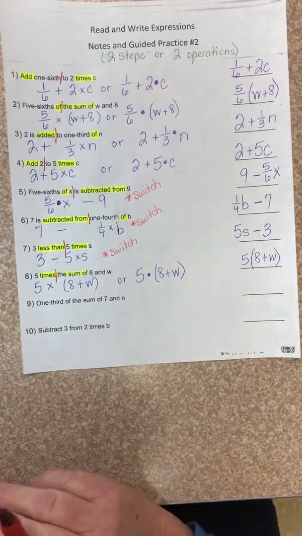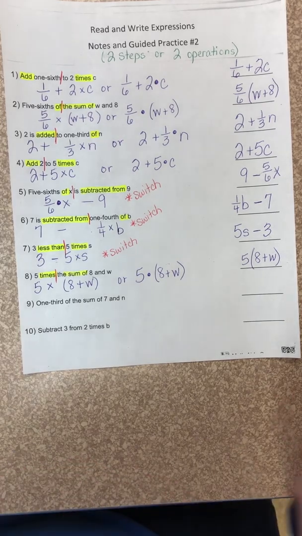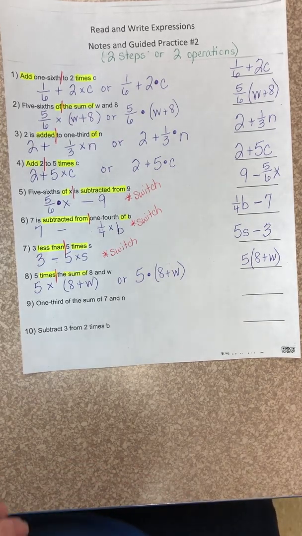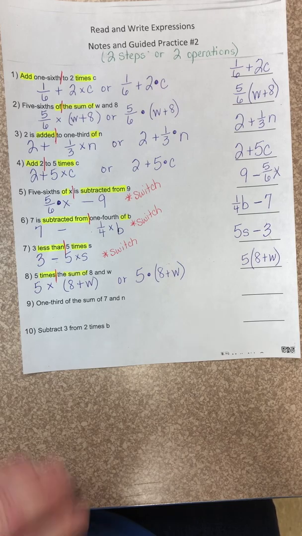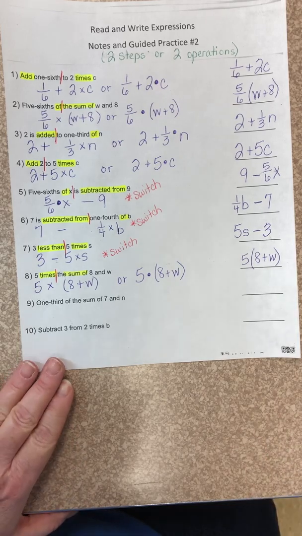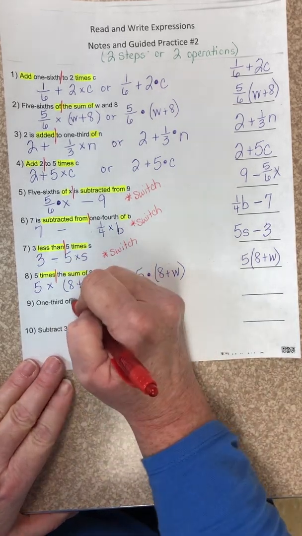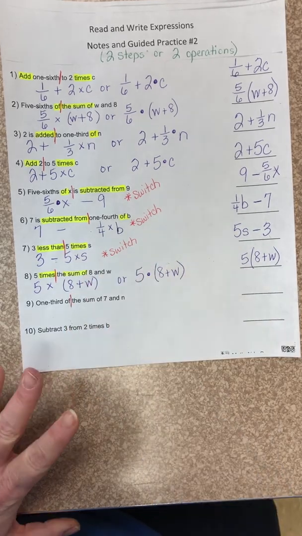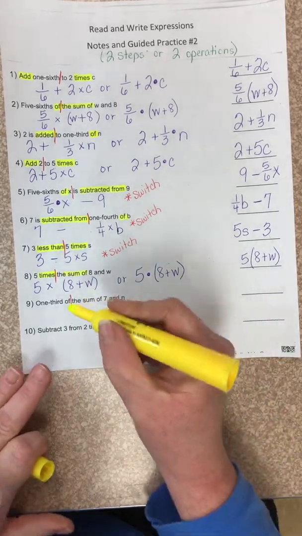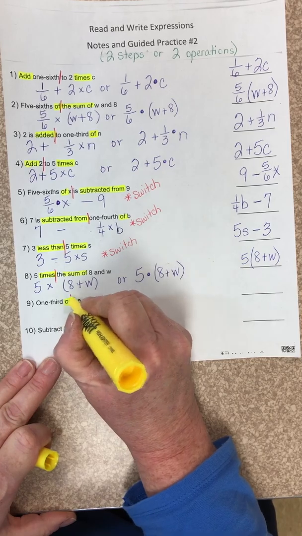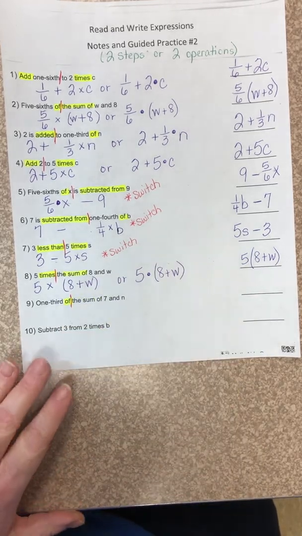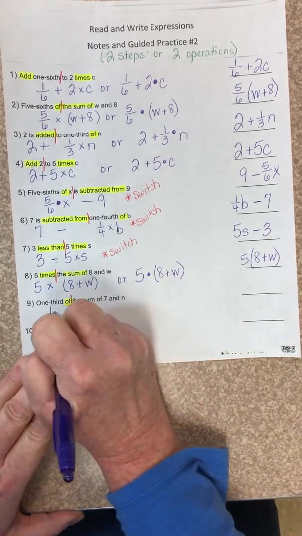Number 9, 1/9 of the sum of 7 and n. I'm sorry, 1/3. 1/3 of the sum of 7 and n. So 1/3 of, we'll stop there. 1/3 of. Of is our keyword, which means we're going to multiply. So 1/3 is a fraction.